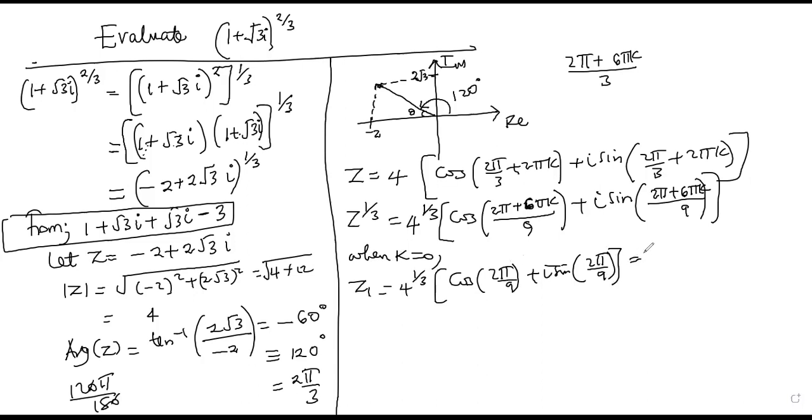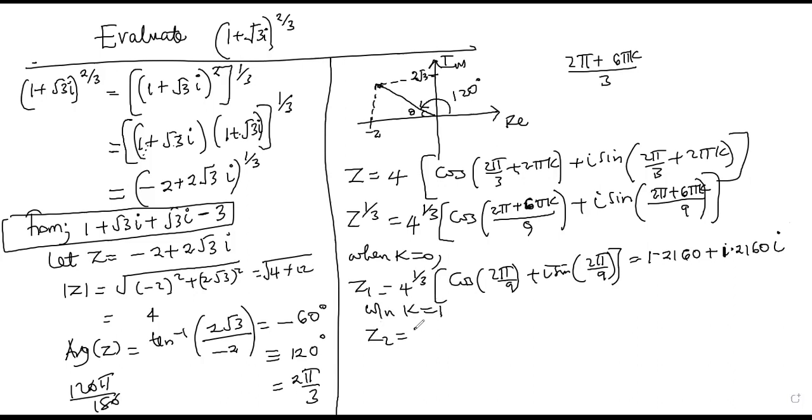Let me get my answers in decimals. So I get 4 power third, multiplying cos theta and then sine theta. So it is going to be 1.2160 plus 1.2160 i.